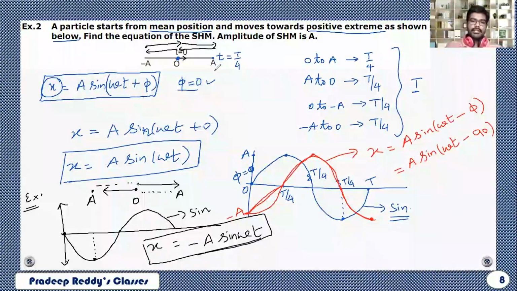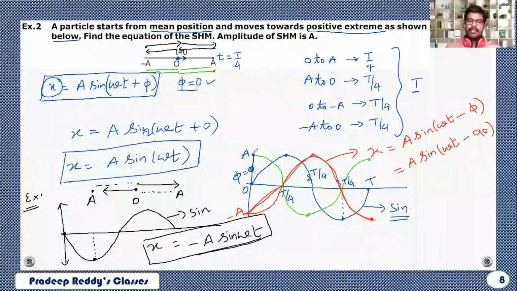Likewise, if the particle is starting at positive extreme position, at plus a, and it is going towards mean position, from mean position it is going to minus a, again returning back to a, then in such case how do you get the graph? The particle is starting at a and in T by 4 it comes to mean position like this. Again from T by 4 the particle is going to extreme position, again from there it is coming to mean position, again from there it is going to this point.